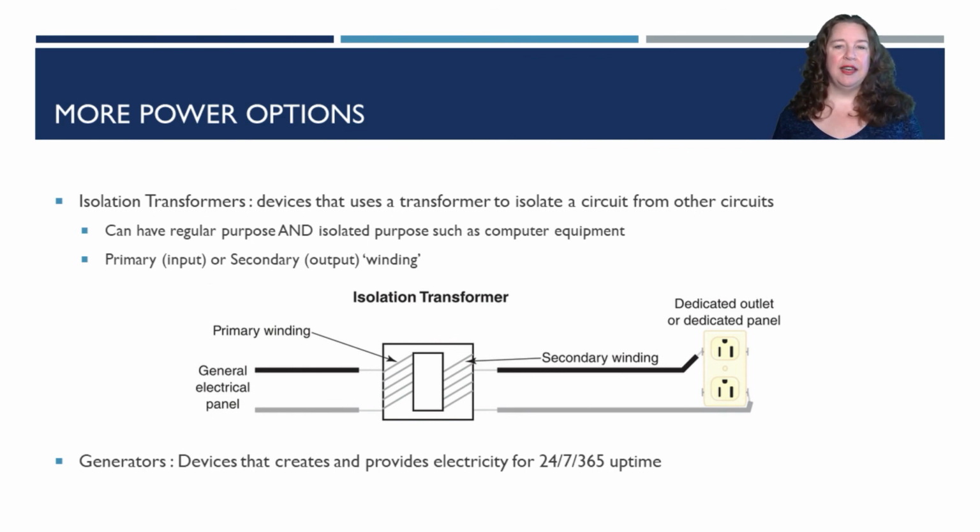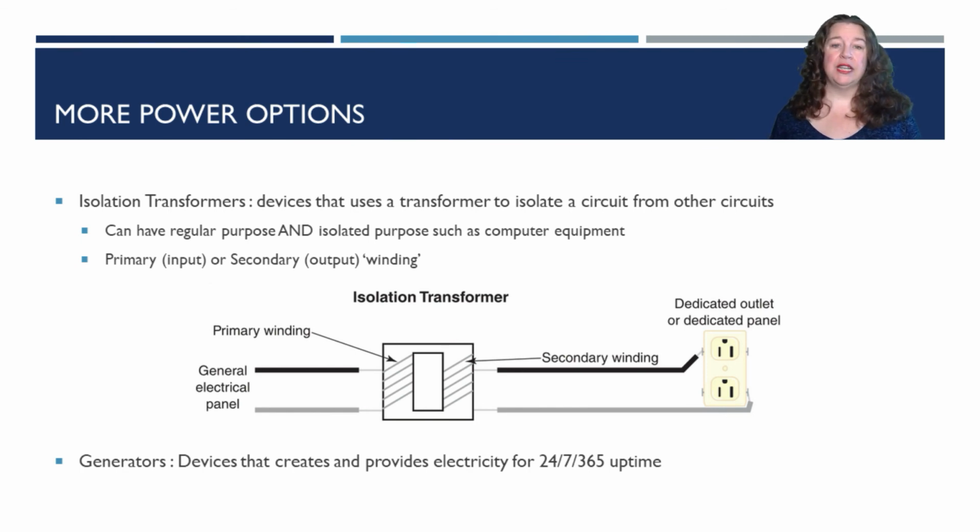By isolating that, you can make sure that the computer equipment is hooked up to the generator, whereas the main equipment isn't, or something along those lines. We sometimes call it primary or secondary, and they can have dedicated outlets or even whole dedicated panels related to the secondary wiring.